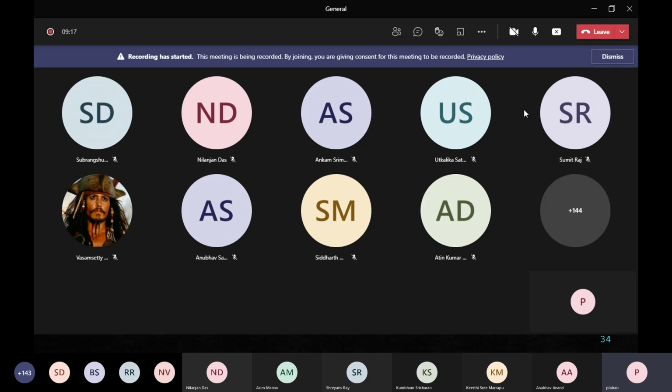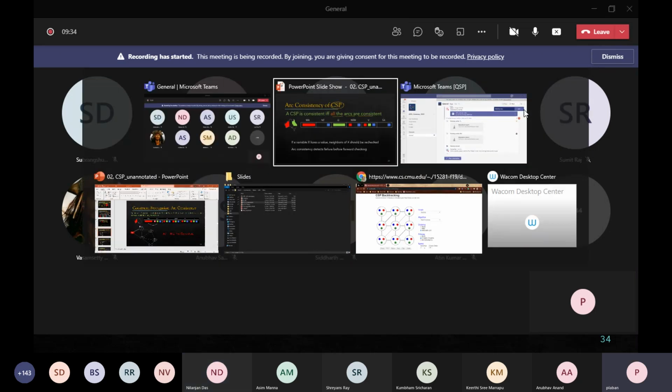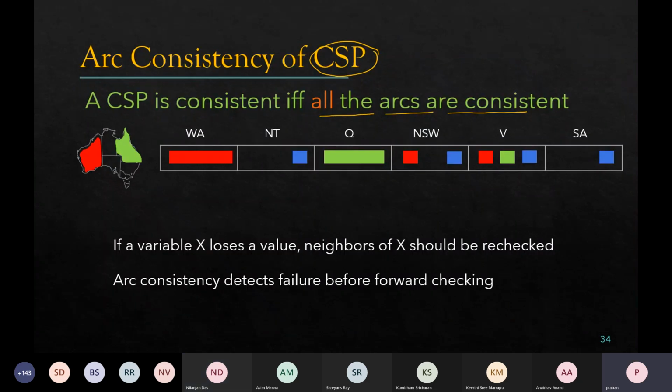If we have a situation like this, what good will that do for us? Can anybody guess? Sir, there will be a solution or an assignment, that is, each variable can be assigned a value. Exactly. Thank you. So basically, if we make it consistent, then we can have at least one assignment for which this CSP is satisfiable, right?